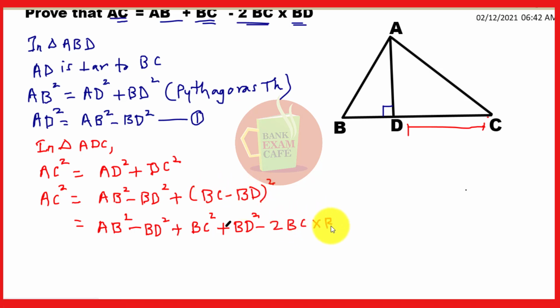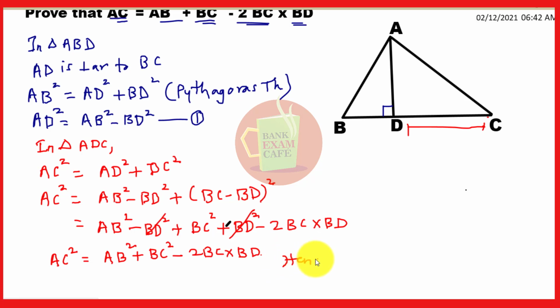Here BD square and BD square will get cancelled, and you will get AC square equal to AB square plus BC square minus twice of BC into BD. That is what we had to prove, and hence it is proved.